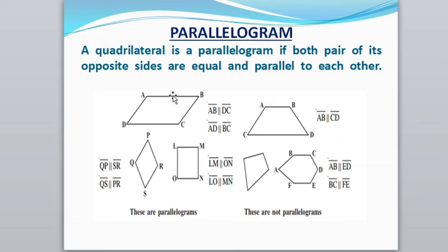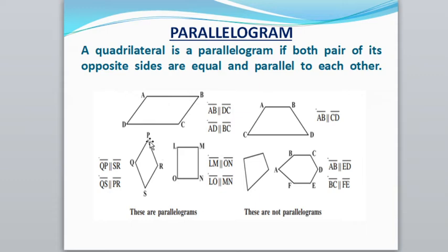So here we can notice AB and DC are opposite sides which are parallel, it is given, and then AD and BC are also opposite sides and they are parallel, it is given, that's why it is a parallelogram.